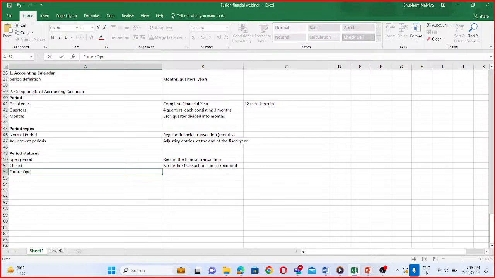Oracle Fusion gives us the option for future open. Periods that are not yet open for transaction, but availability is there.